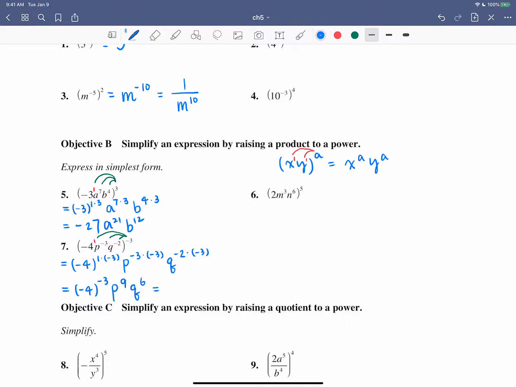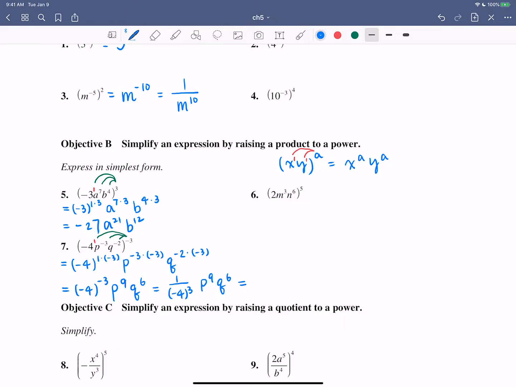Let's calculate what negative 4 raised to the negative 3rd is. We could deal with the negative exponent first. Put it downstairs. You simply have 1 over negative 4 raised to the third power. And then you have p to the ninth, q to the sixth. Leave them.